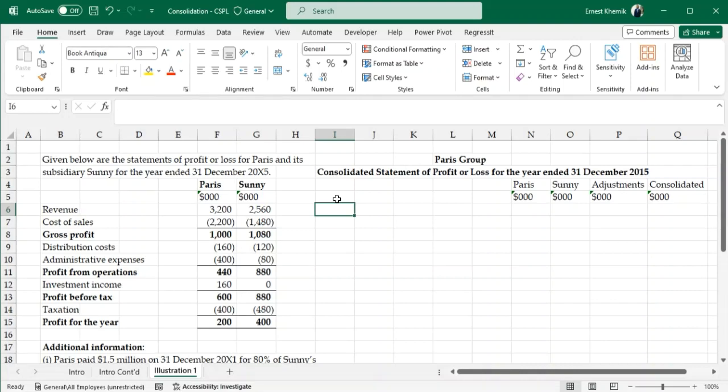So we are going to draw up the pro forma, and what we do is that we are going to add the various line items of the parent and then the subsidiary. All right, we are going to add them together.